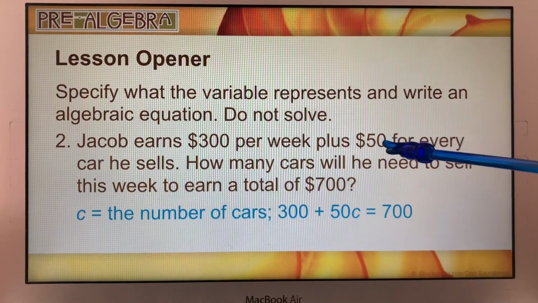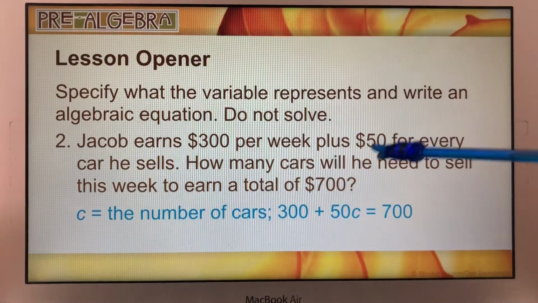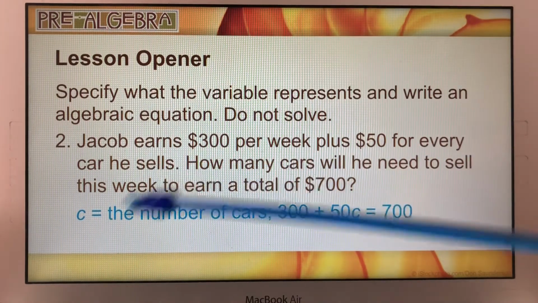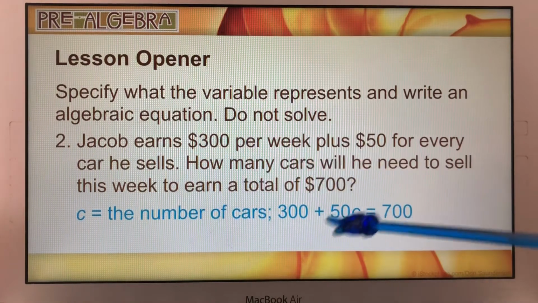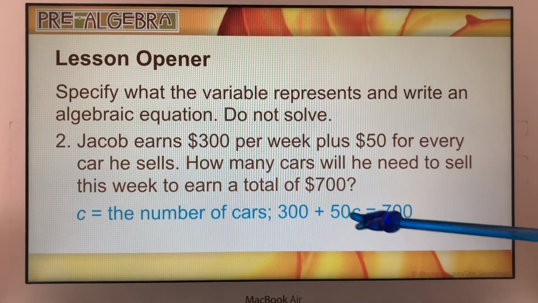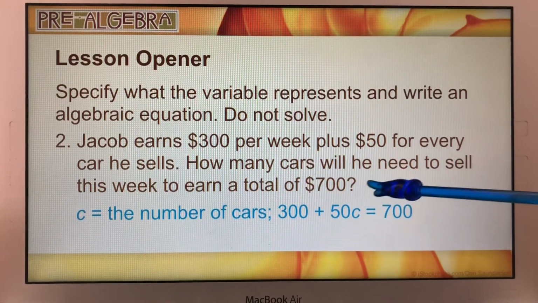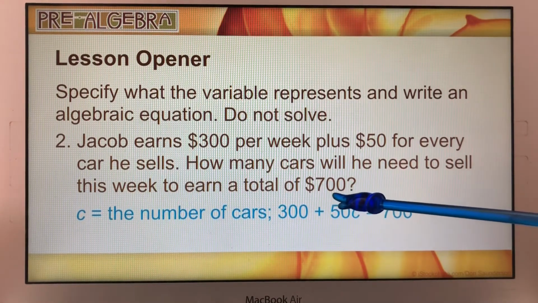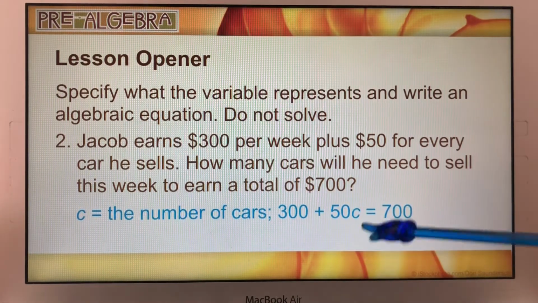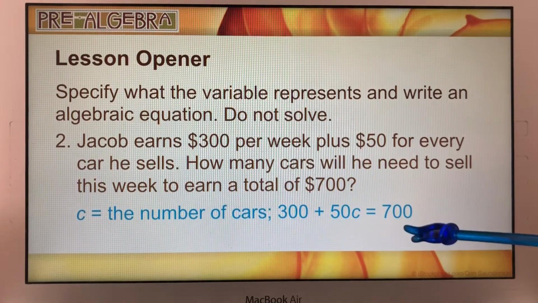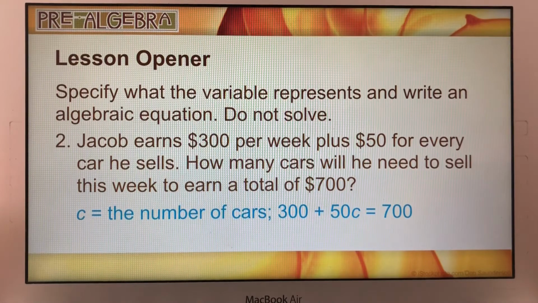So $50 is going to be times the number of cars that he sells, because it's $50 for every car he sells. You're going to have 300 plus 50 times C, and that's going to equal 700, because he's trying to earn a total of $700 for this week. And so we need to find how many cars he needs to sell in order to earn $700 this week. So there's our equation for this problem.